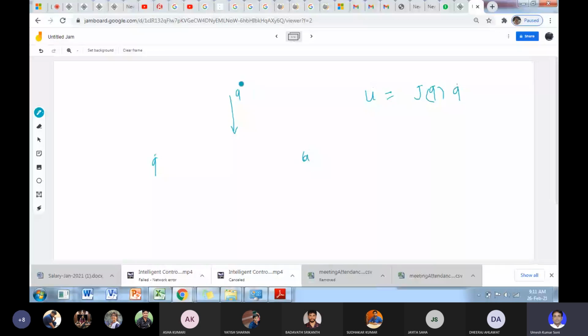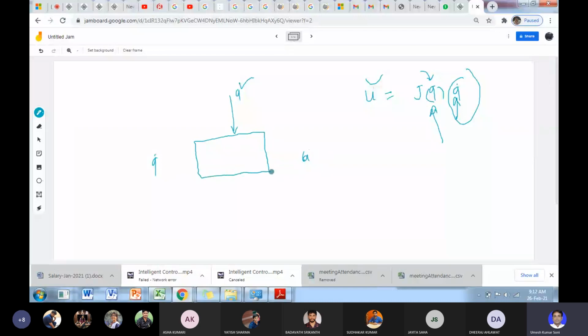This means at this operating point the Jacobian is calculated, and with the change of joint velocity, the manipulator Jacobian J(q) based on this operating point is multiplied by the joint velocity, and then we define the tool velocity.